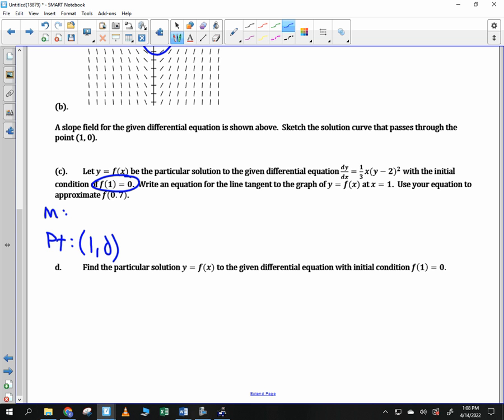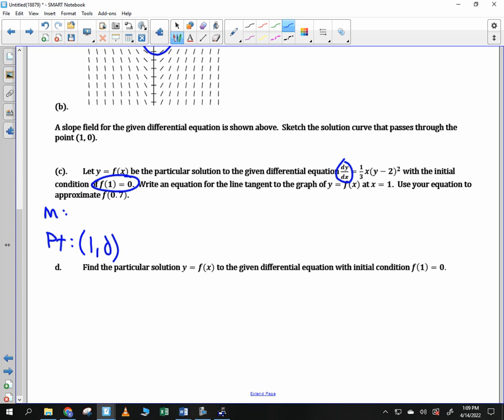Everybody okay there? In order to find slope, I need the derivative. They gave you the derivative. That's the derivative. They don't give you the initial equation. They give you the derivative right there. That's what dy over dx means. So if you want to be able to find the slope, what should you do? Plug in the point.